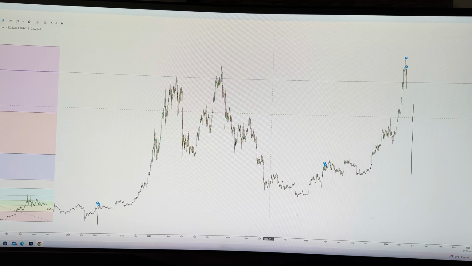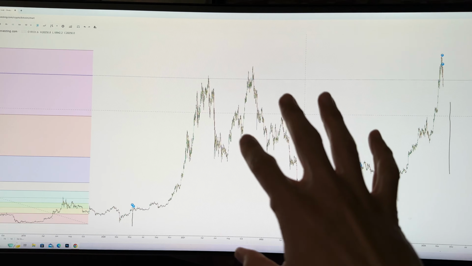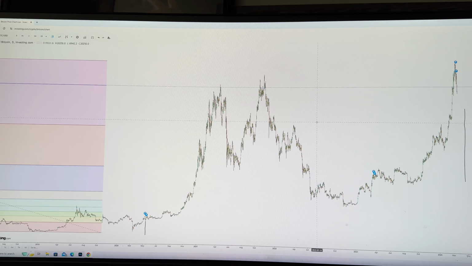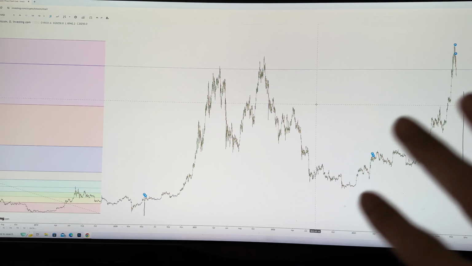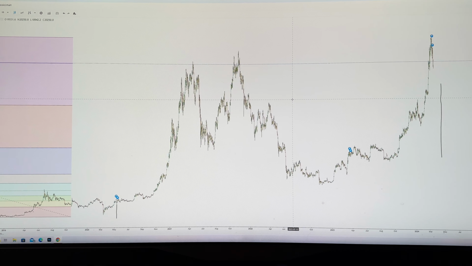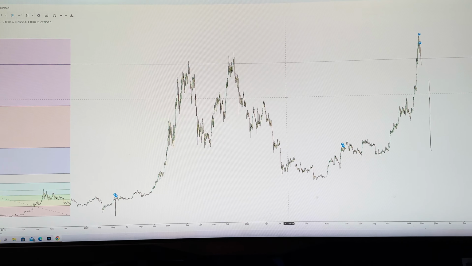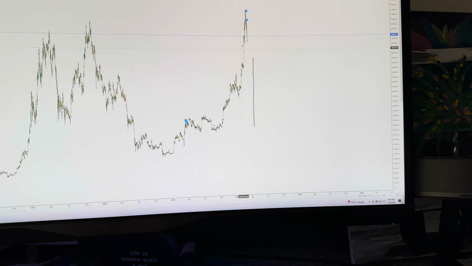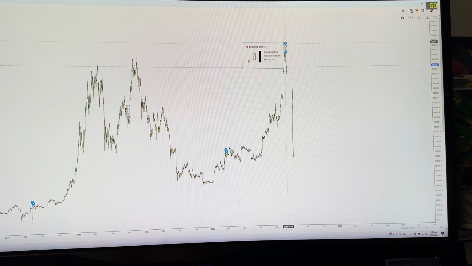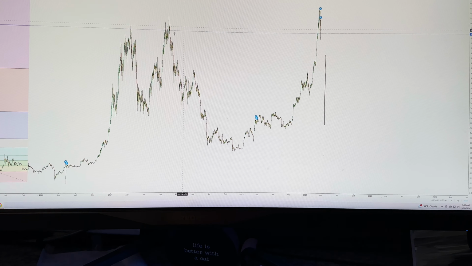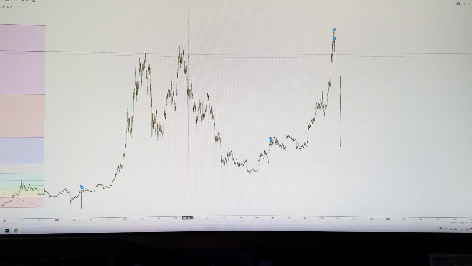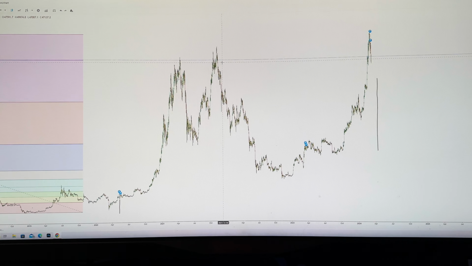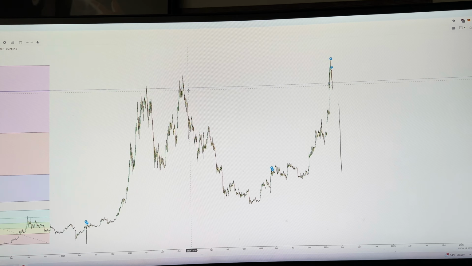So if you just erase everything that happened last cycle, forgetting about COVID ever happening and the mining situation in China, and you say that we got to 120,000, this 73,000 where we just topped out is actually at the 0.618. It would have been at the 0.618 had that played out correctly.